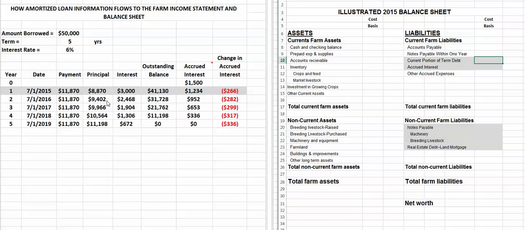Not the interest portion, the principal. The interest has not all accrued yet, just the principal. But the principal you know you have to pay, because that's paying the banker back his money. So for this current portion of term debt, you could simply type equals, and it's the next year's principal that's actually due. It is so common for students, when they put a number in this cell right here, to want to go to the 2015.